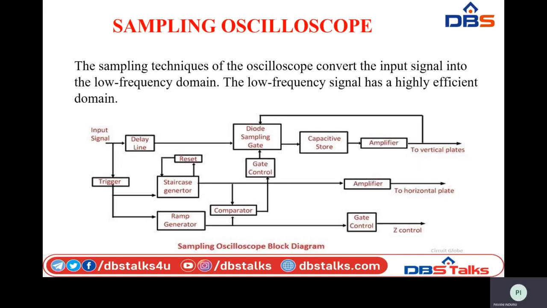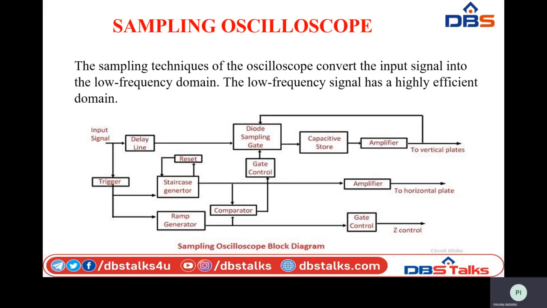After the delay, the input signal is handed over to the diode sampling gate, where the sampling process is done, so the continuous signal is going to be sampled. This is done with the help of the gate control device. Here the trigger pulse is generated, which is going to start the operation of the ramp waveform generator as well as the staircase waveform generator.